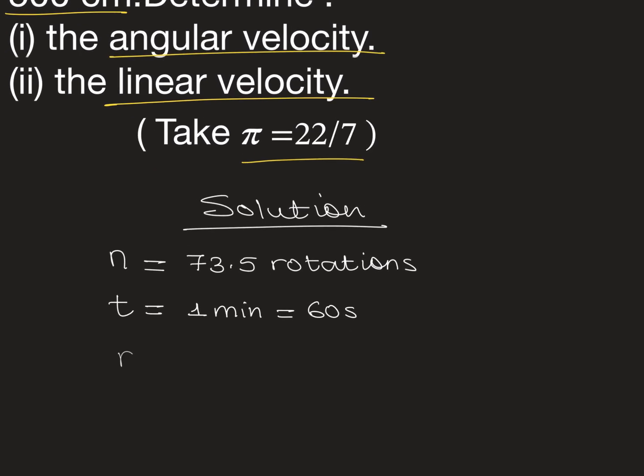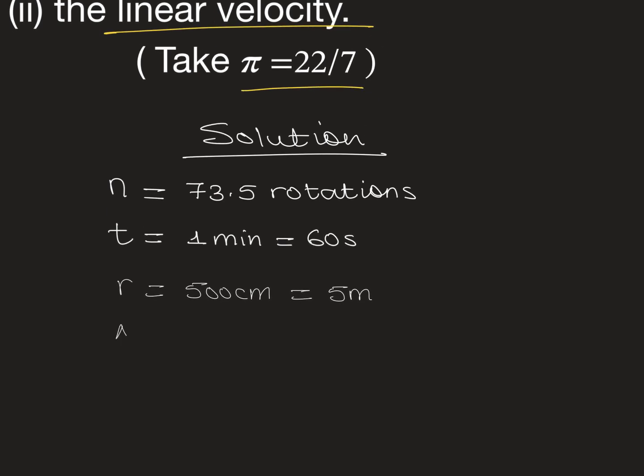The radius is given as 500 centimeters, which is going to be 5 meters by dividing it by 100. We are instructed to take pi as 22/7.